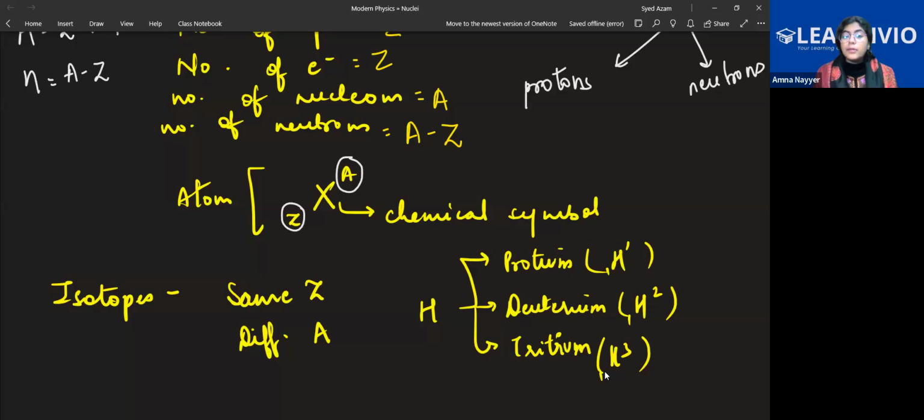Always remember, when the mass number on top is changing while the lower atomic number remains the same, you have isotopes.